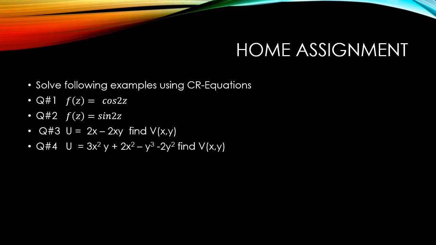This is the assignment that solves the example according to the Cauchy-Riemann equations: f of z is equal to cos 2z and f of z is equal to sin 2z. In the same way, u is equal to 2x minus 2xy, find v.